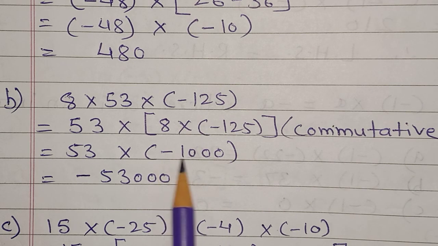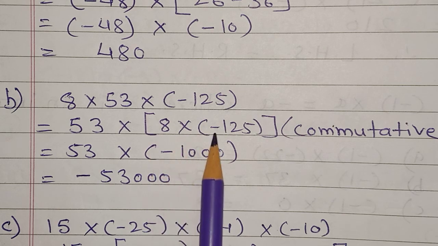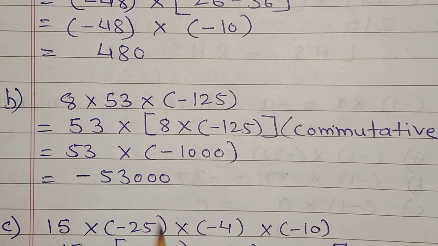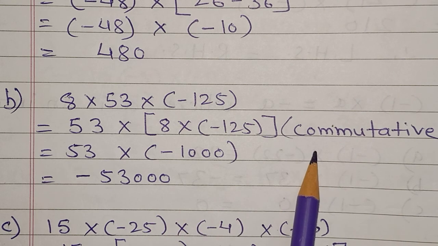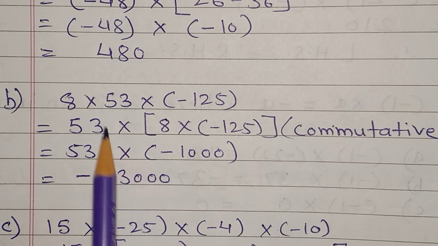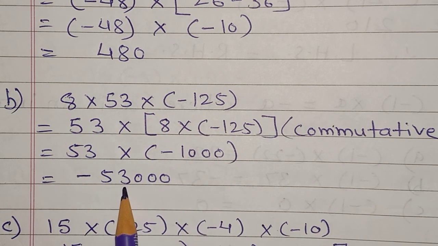But it is minus 1000 because one number is positive and one number is negative. Now easily you can multiply 53 into 1000. The answer is minus 53,000. So again using this commutative property we have solved such a big sum within a second.